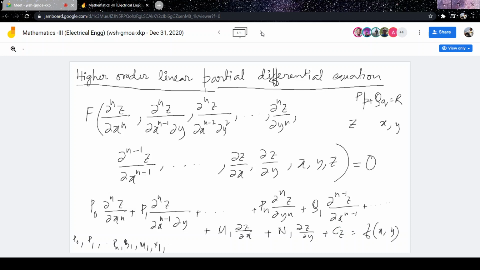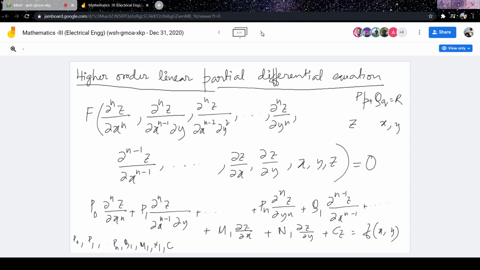So this C, all are either functions of x and y. If they are functions of x and y, then it will be called a general, and if all of these are constants, then it will be higher order partial differential equation with constant coefficients.